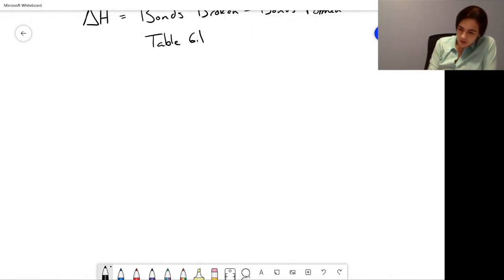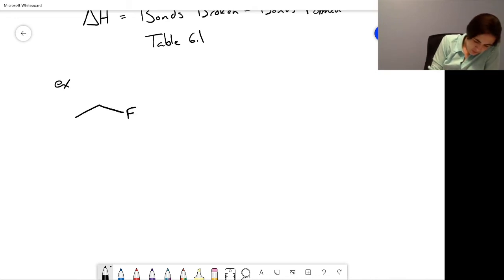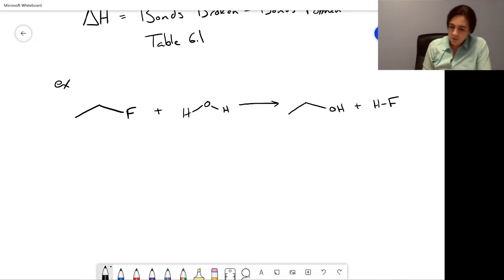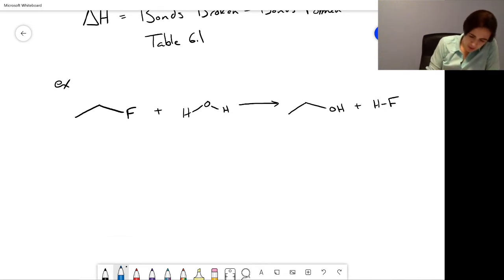So let's look at an example of calculating delta H. Here's our reaction. If we go to the table in the book, let's first identify what's happening in this reaction. You'll notice here that we have replaced the CF bond.